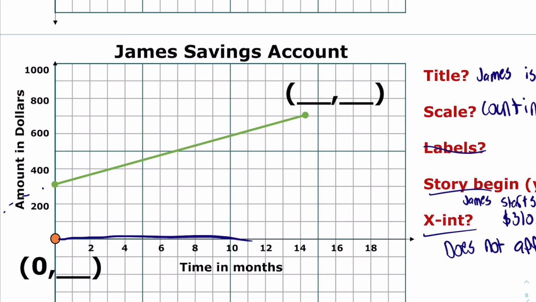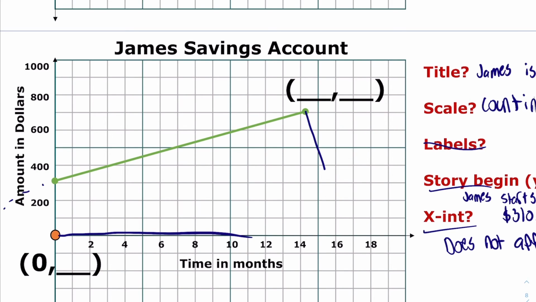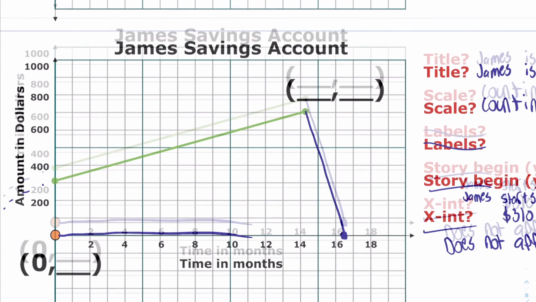A way that he could have an x-intercept in the future is if he spent all of his money, like let's say he lost his job and he had to use his savings account, then he might end up having no savings in the future, but right now he doesn't.